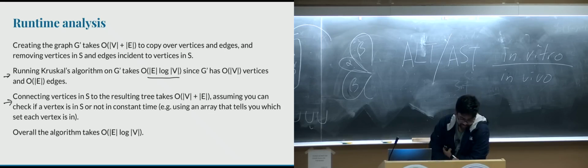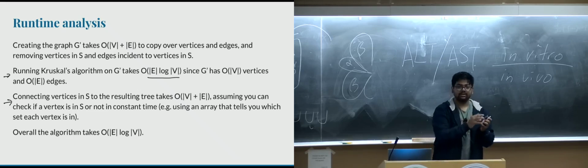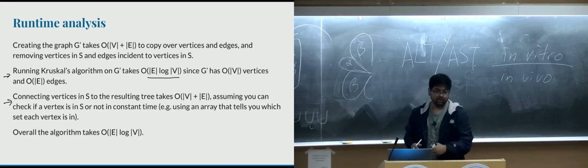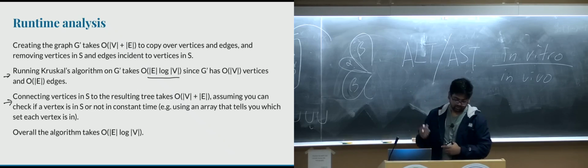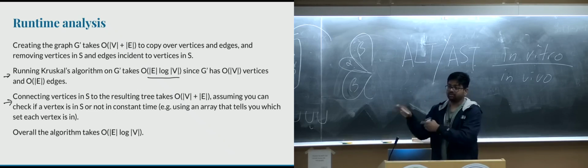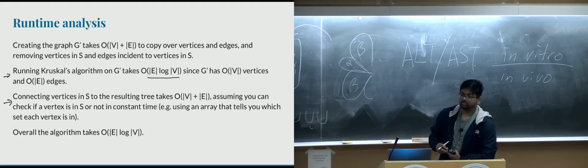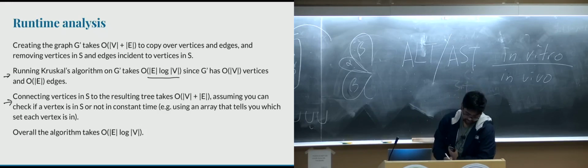And then connecting your vertices in set S to T prime is basically O of V times E, given that you can do the lookup in constant time for whether a vertex is in set S or not. So adding everything, we get this thing here. Make sense?